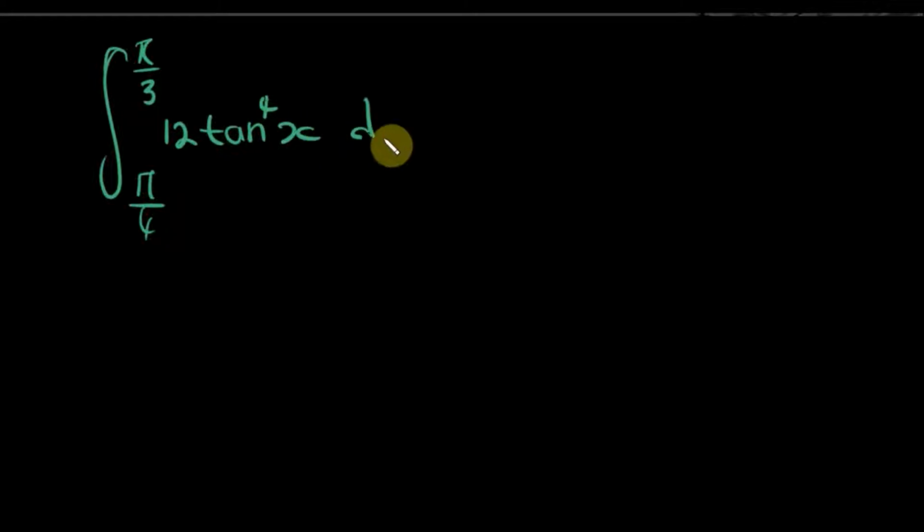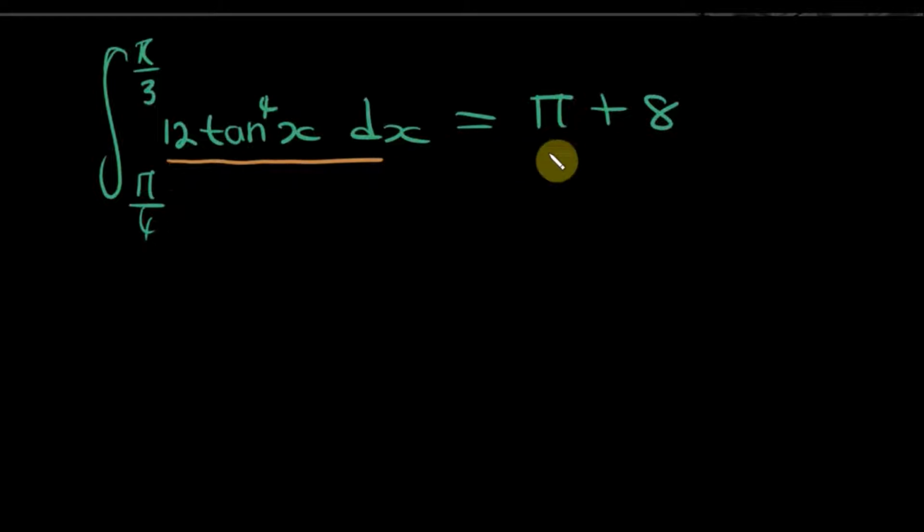And the question is, show that this whole entire integral is equal to pi plus 8. So yes, that's the question. Show that the integration of 12 tan to the power 4x is equivalent to pi plus 8.